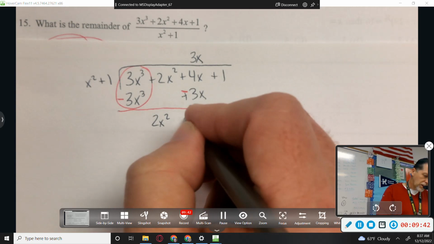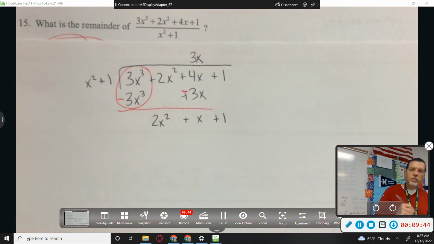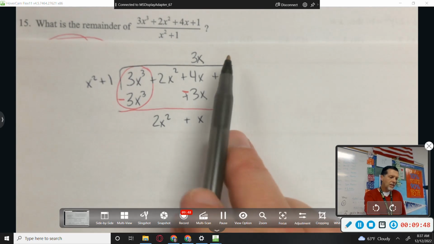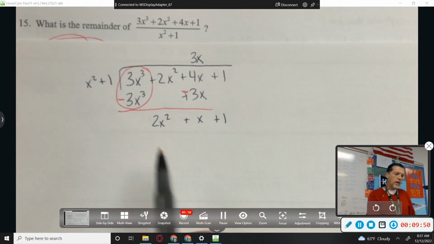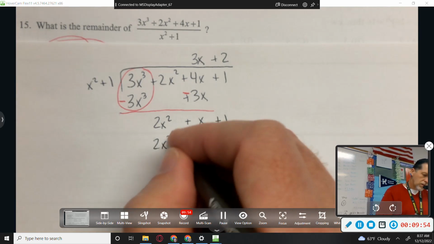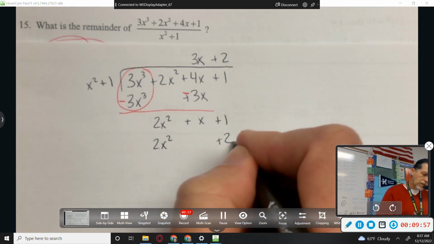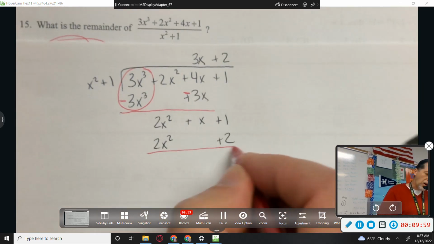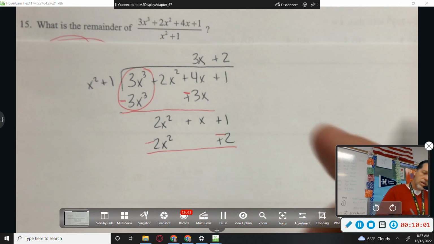2x squared plus x plus 1. And then we repeat the process. Something times x squared gets me to 2x squared. So plus 2. 2x squared plus 2. And again, we subtract them.